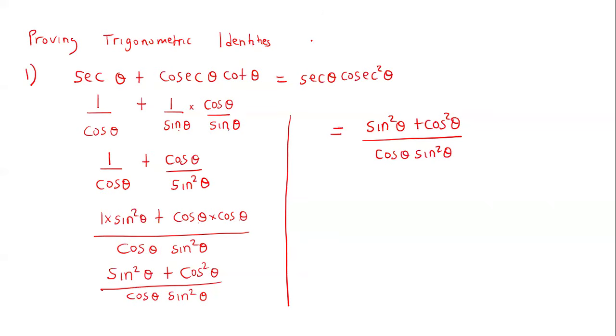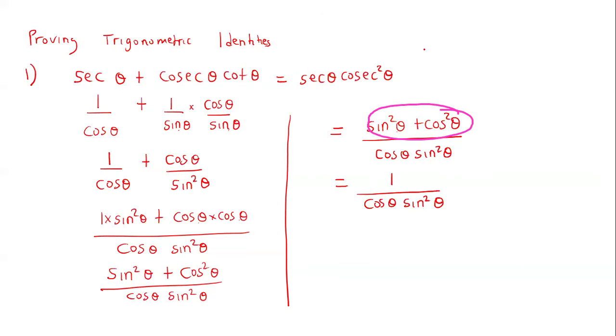Which answer do you get in the chat? Quickly. Very good. People have noticed that that is a 1. So meaning that where there is sine squared theta plus cos squared theta here, we are going to replace with a 1. So we shall now remain with 1 divided by cos theta sine squared theta.